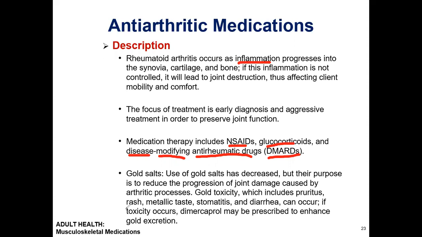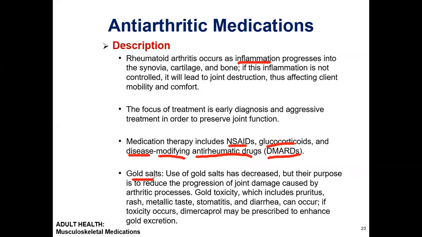Okay. Also, we use the gold salt. The use of gold salt has decreased, but their purpose is to reduce the progression of joint damage caused by the arthritic process. But gold has some toxicity, right?